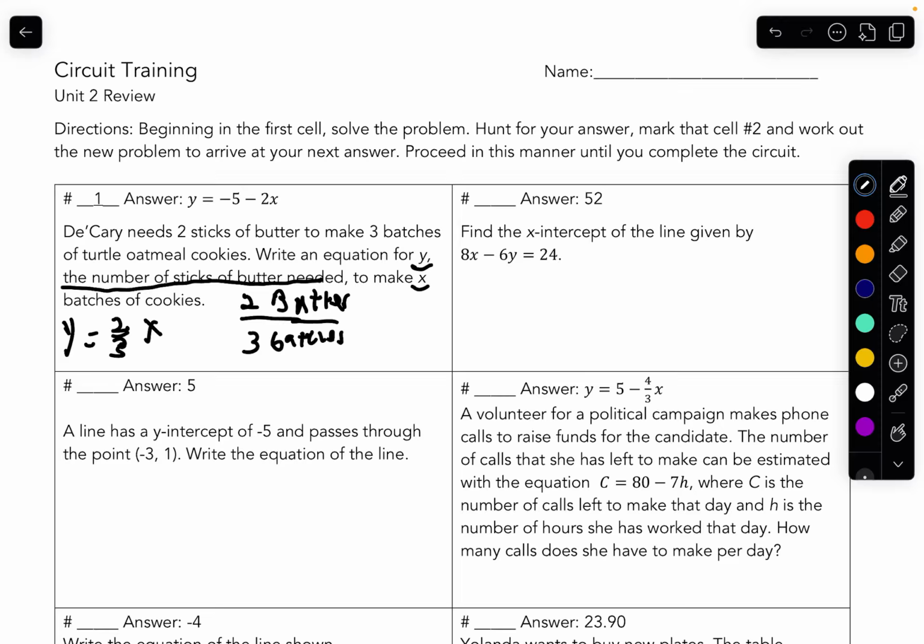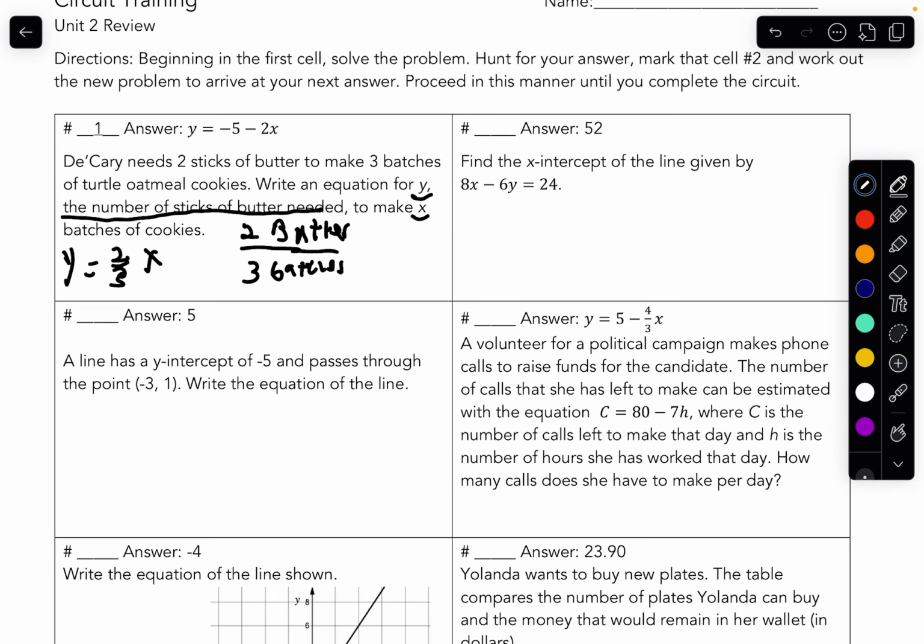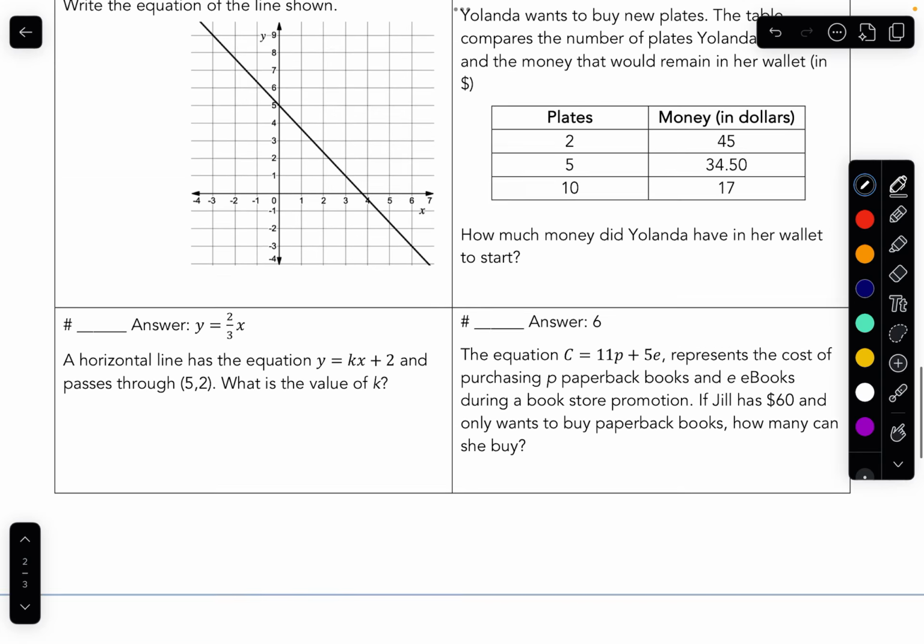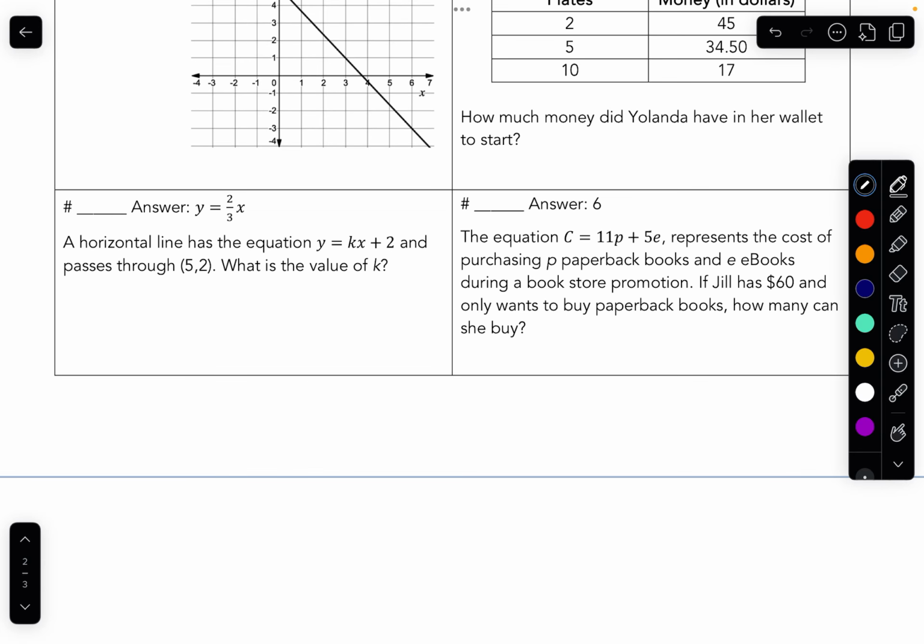Notice if X is batches and 3 is batches here, the units would cancel out, not the number, but the units, and you'd be left with batches. So we're looking for Y equals 2/3 X. It's down here at the bottom, so we label this 2, and that's the answer for number 1.